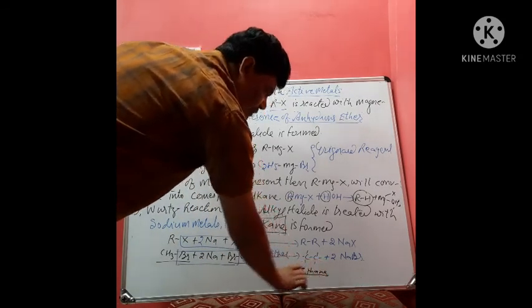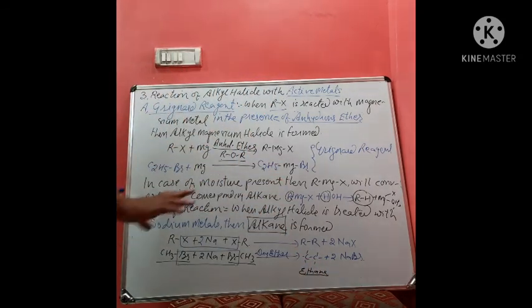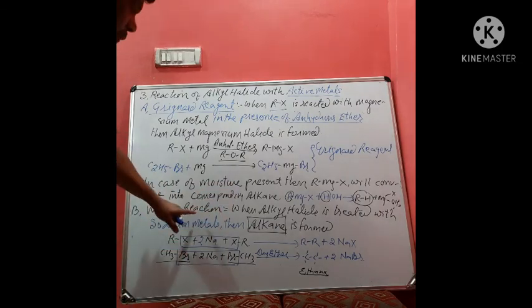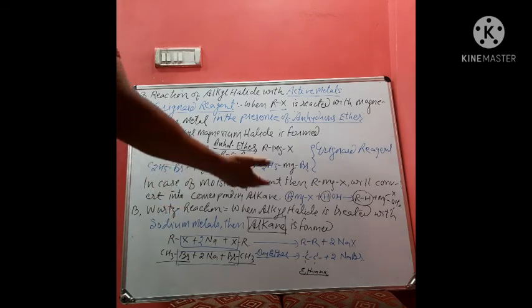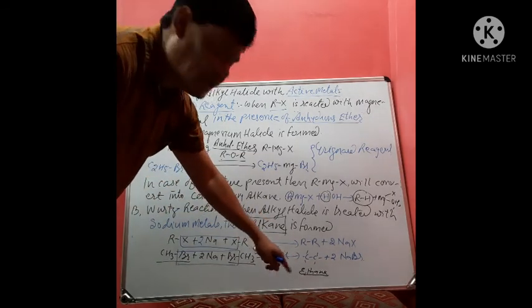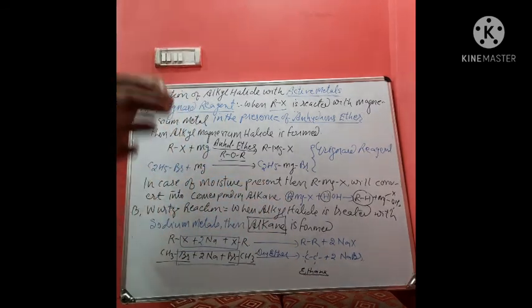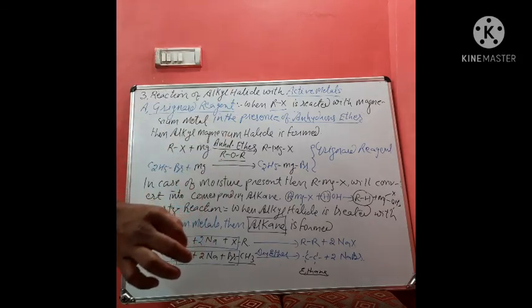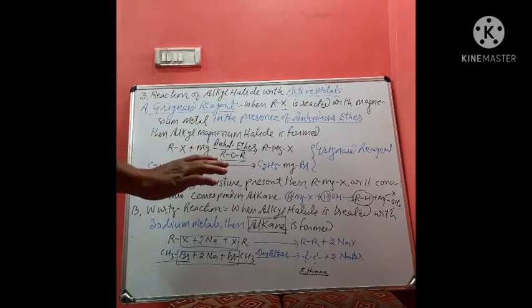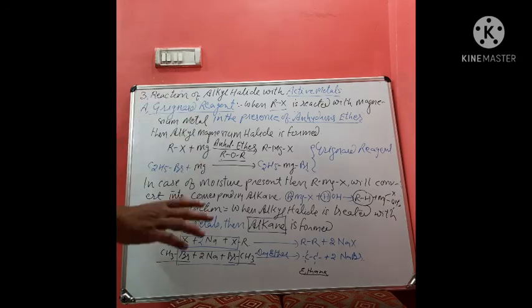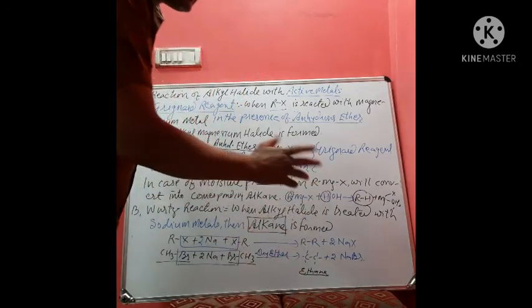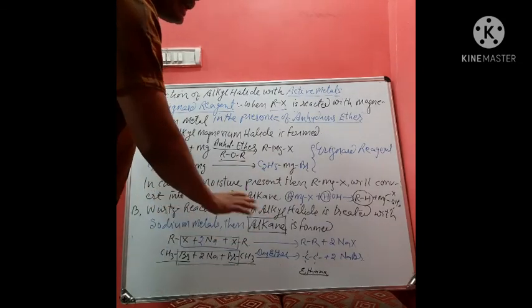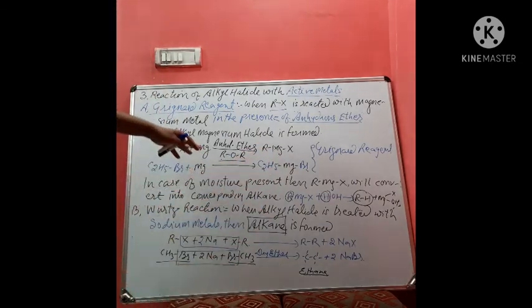Only alkane having an even number of carbon atoms can be prepared by Wurtz reaction. It is not applied to prepare alkane having odd carbon atoms, that is propane, pentane, heptane cannot be prepared. We can prepare only ethane, butane and hexane. So propane and pentane cannot be prepared by this reaction.